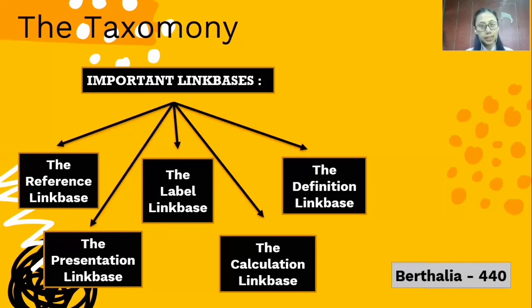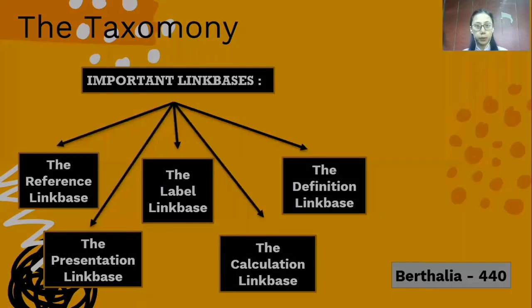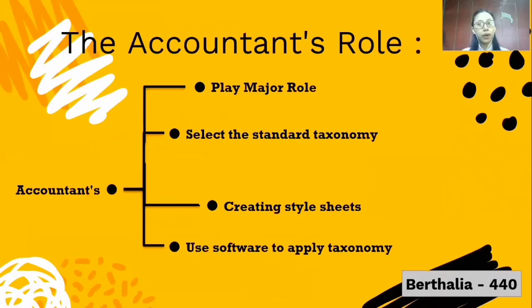And the next is the accountant rule. So there are 4 accountant rules here. The first thing is that accountants play a major role. So here the accountant should play a major role in all phases of producing the XBRL report, beginning with the selection of an appropriate taxonomy.